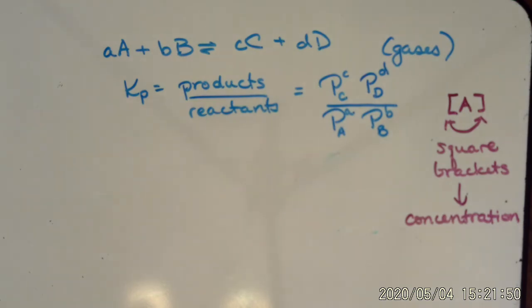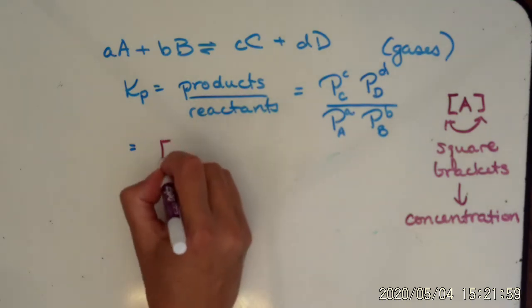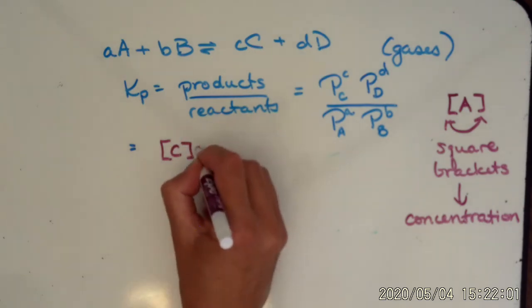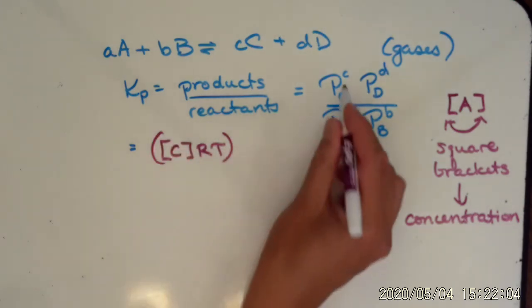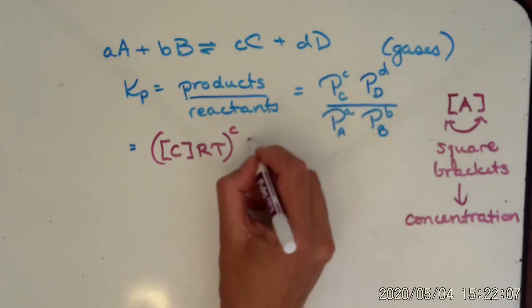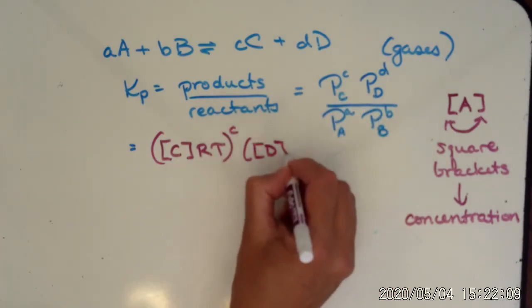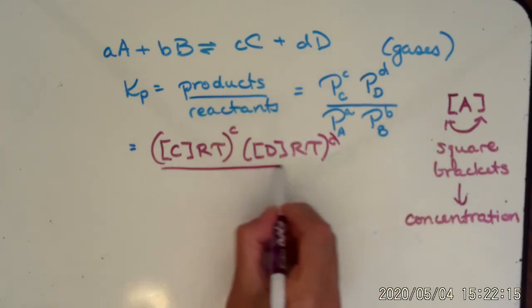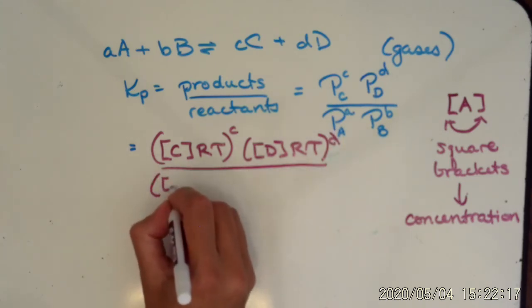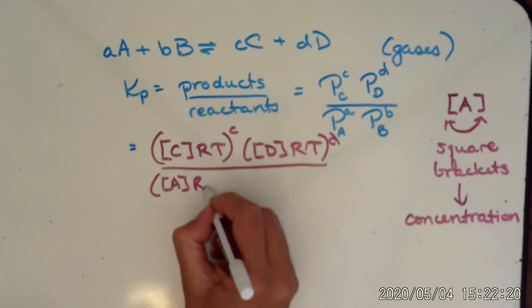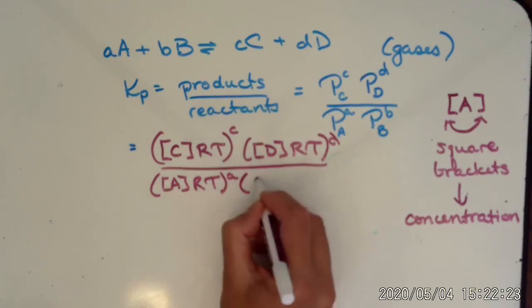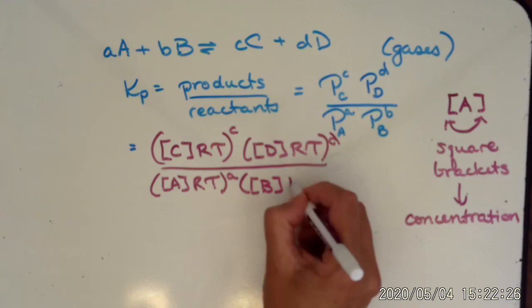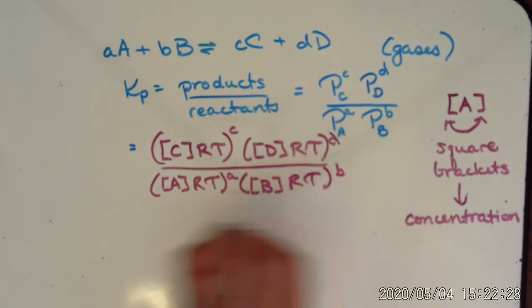So Kp is going to be equal to the concentration of C times RT, all of this to the power of c. The concentration of D times RT to the d power divided by the concentration of A times RT to the a power, concentration of B times RT to the b power.